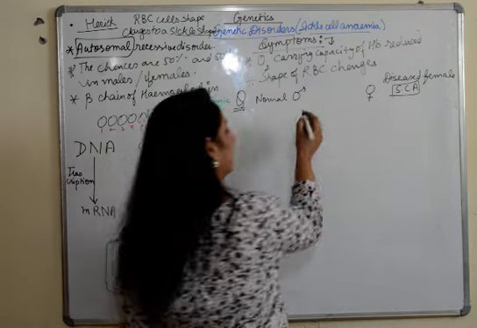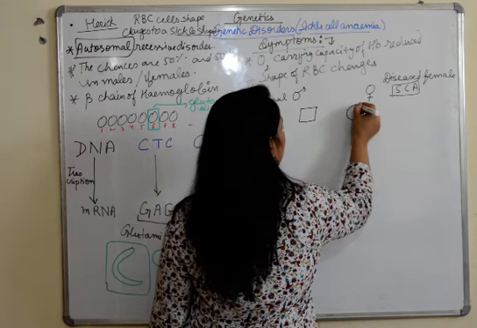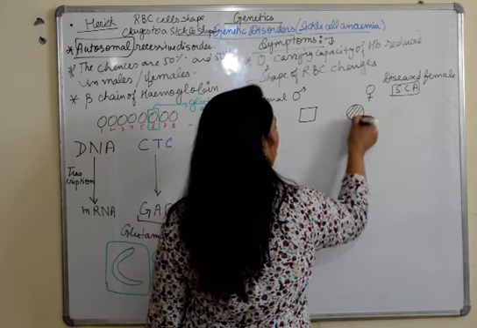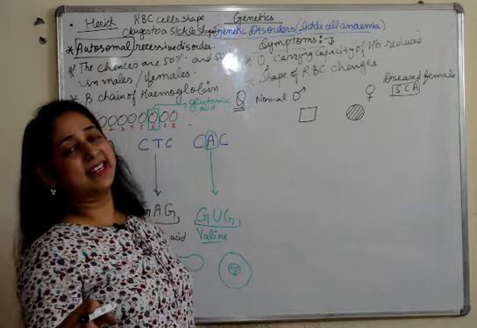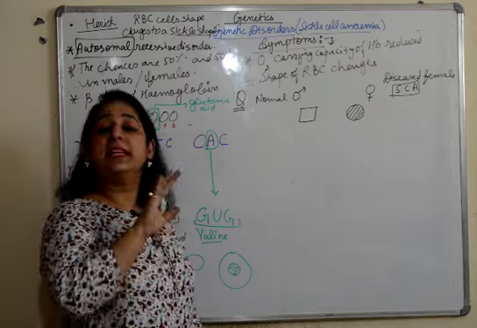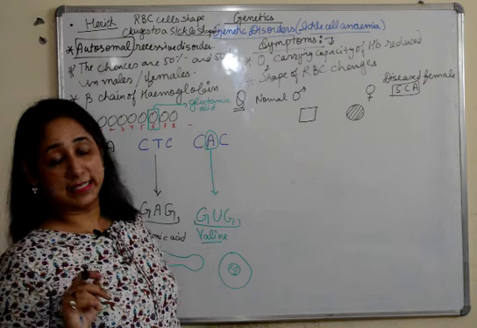Fine. So we make a pedigree for this. A hollow square, a diseased female with a solid circle. Square stands for males, circle stands for females. Hollow means there is no disease, and shaded or solid means that there is a disease there.